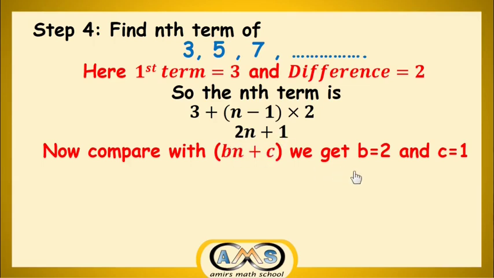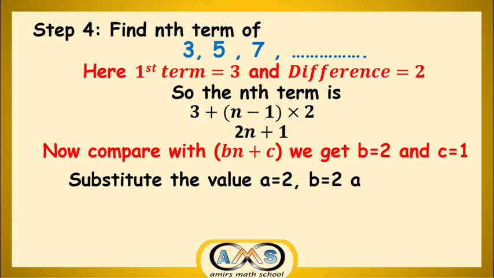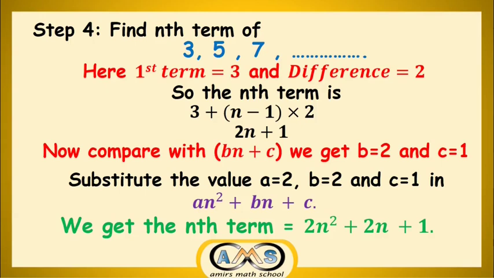Now we have the values of a, b and c. Substitute a equal to 2, b equal to 2 and c equal to 1 in an square plus bn plus c, which is the nth term of a quadratic sequence. We get the nth term 2n squared plus 2n plus 1, which is our nth term for sequence B, a quadratic type sequence.